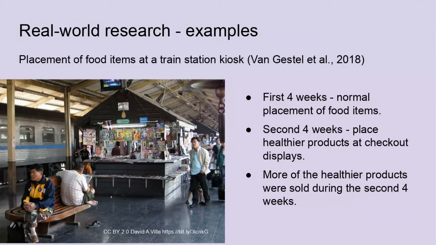And so these researchers started off by spending 4 weeks looking at people's purchasing habits of food items under the normal arrangements that the kiosk had. And then after 4 weeks, they rearranged everything for another 4 weeks so that the healthier items were placed at the checkout displays. And what they found is that more of those healthier products were actually sold during those 4 weeks. So it's quite an interesting example.